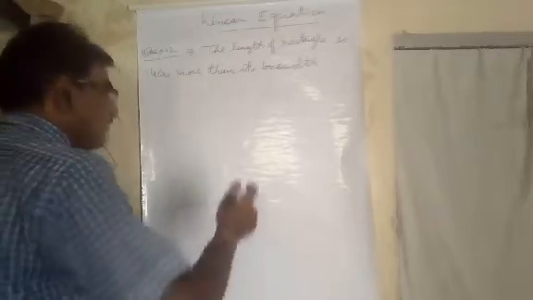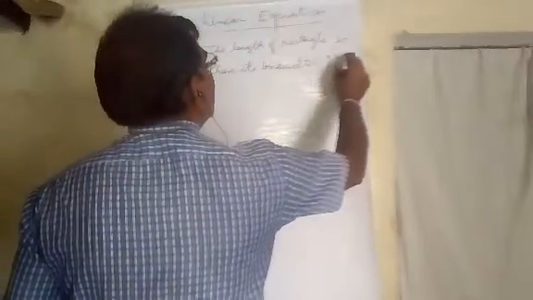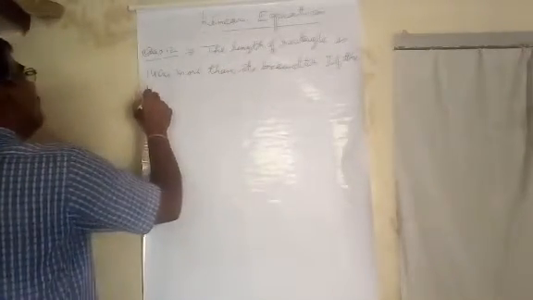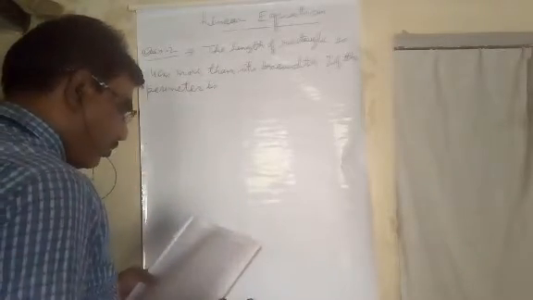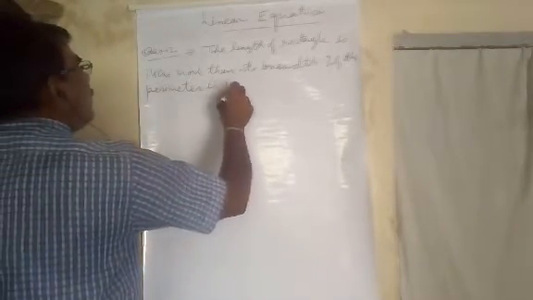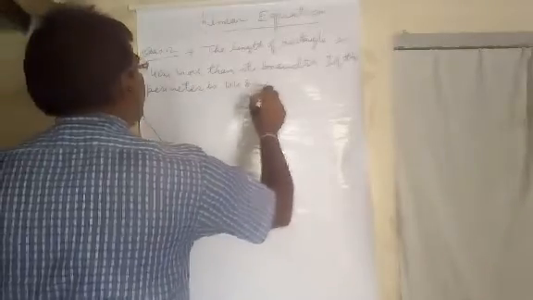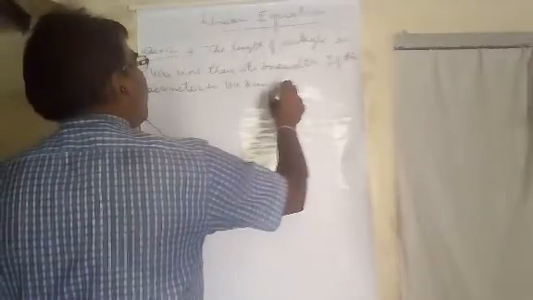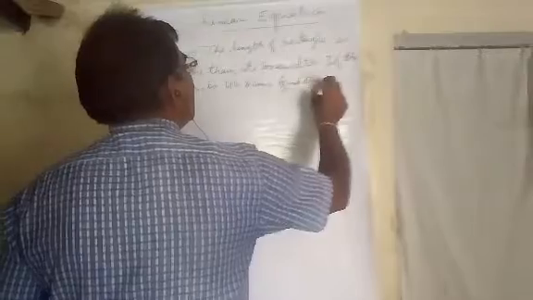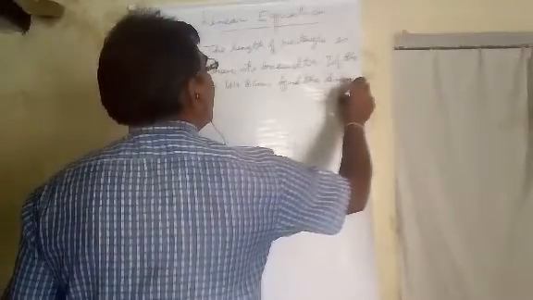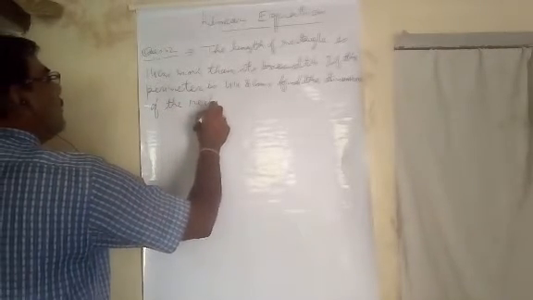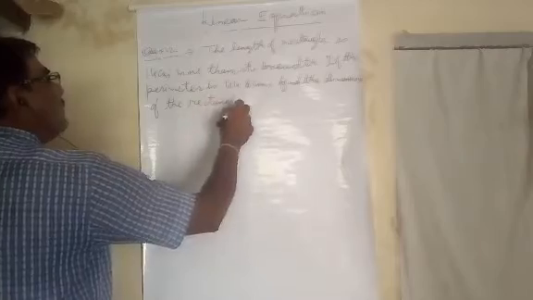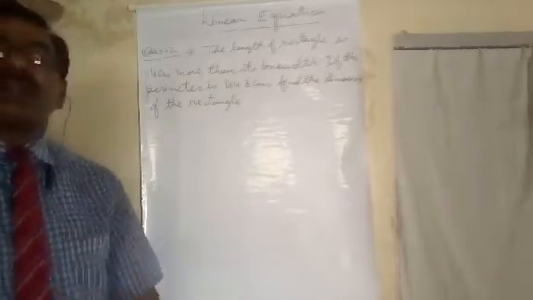If the perimeter is 448 centimeter, find the dimensions of the rectangle.